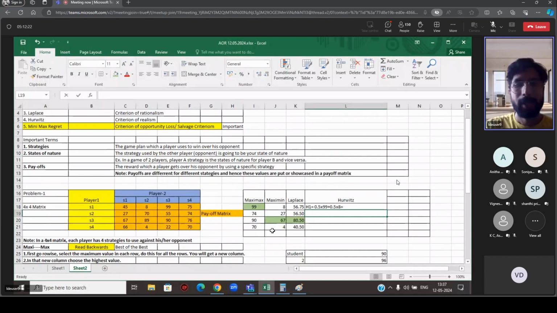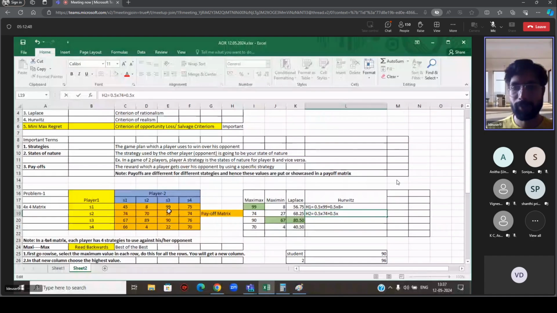Second one, H2 equals 0.5 into the highest value, which is 74, plus 0.5 into the least value.